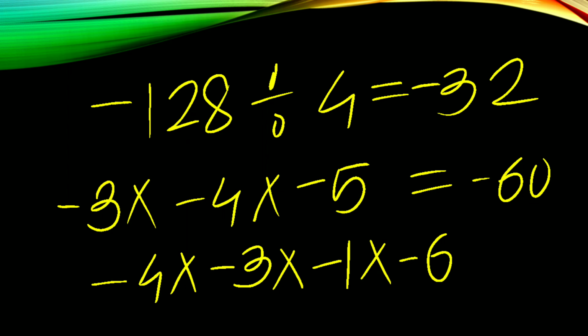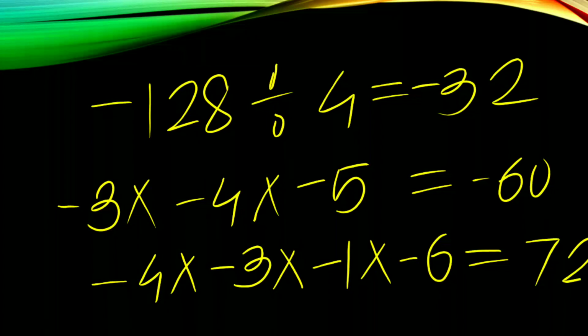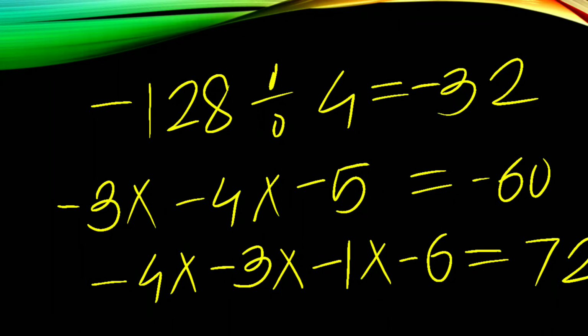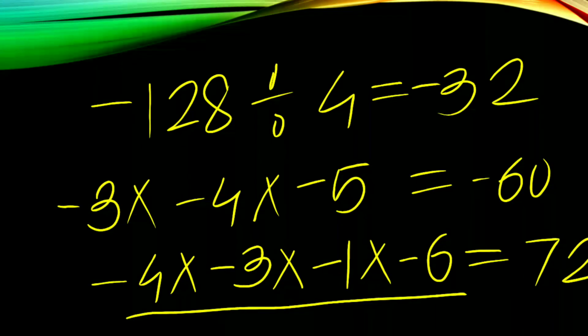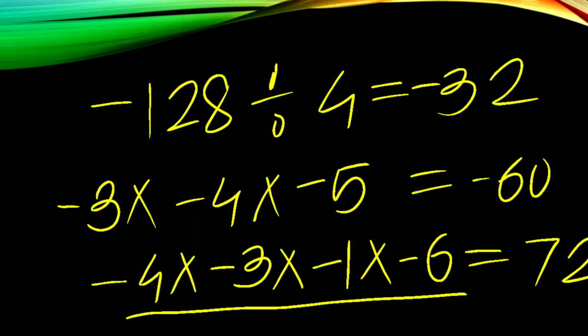Here 4 3s are 12, 12 6s are 72, and 72 multiplied by 1, the answer comes plus 72. Why did the answer come plus 72? Only because the minus sign is repeated an even number of times, 4 times, so the answer comes in plus.